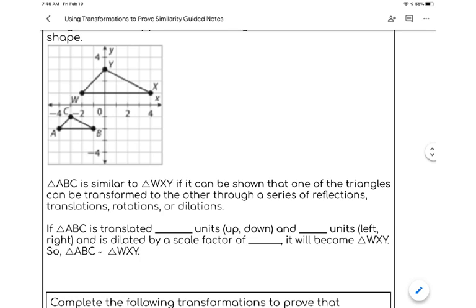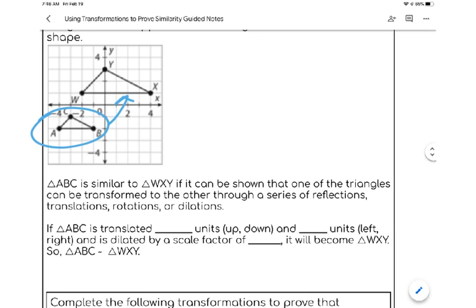Okay, so let's look at this. These two we're already saying are similar, which means that some sort of transformation or combination of transformations has happened in order for these two triangles to be similar. So we're going to start off with saying if ABC is translated, so we're trying to get this figure to this figure.